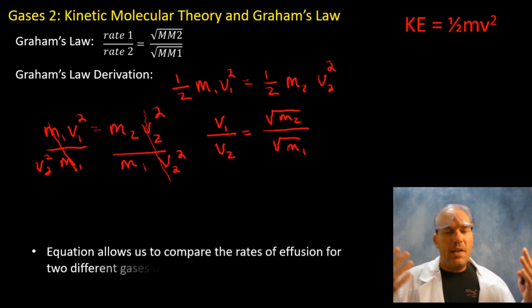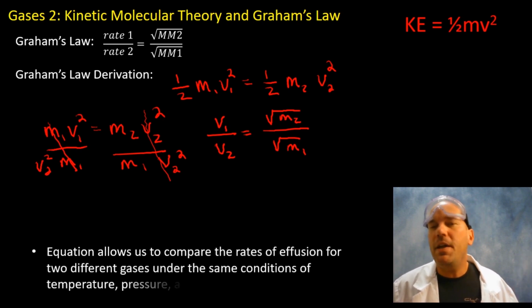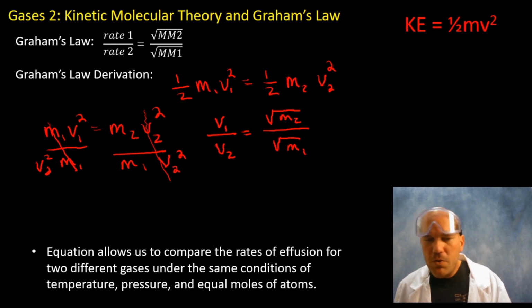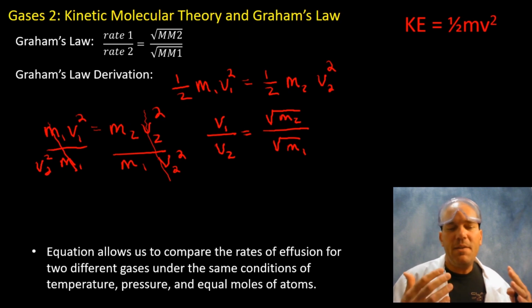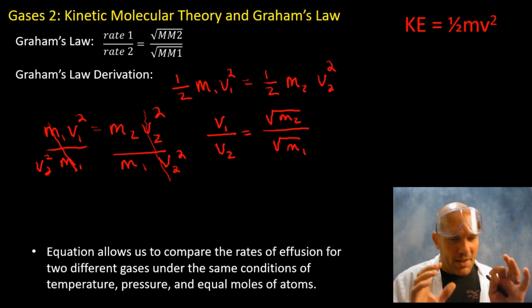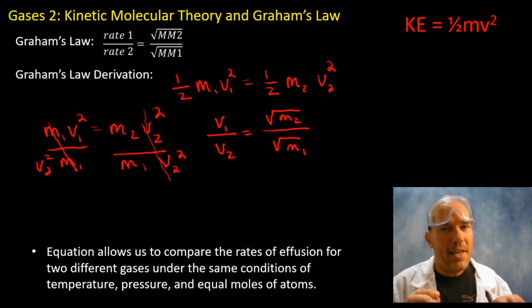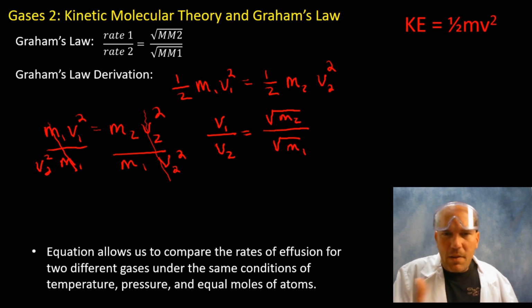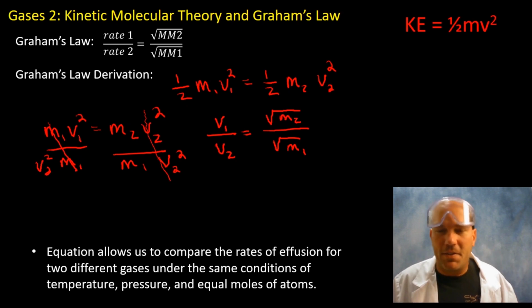This allows us to compare the rates that gaseous particles will effuse or diffuse under the same conditions. In other words, constant temperature, pressure, and equimolar, so the same number of moles. Like we talked about in the graph, we keep the number of particles, pressure, and temperature constant. Then we can find and compare the rates under those conditions.